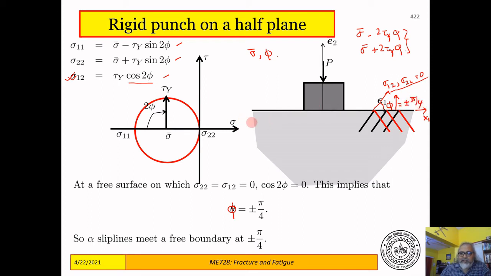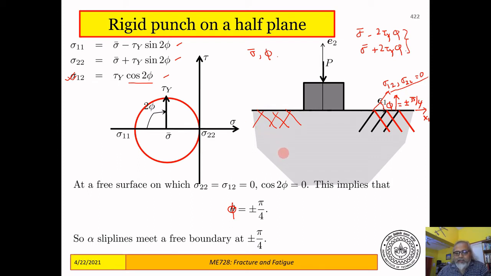So the alpha slip lines at a free surface can either be like this, which makes an angle of plus 45 degrees, or be like this, which makes an angle of minus 45 degrees. Since the alpha and beta slip lines are mutually perpendicular, when the alpha slip lines make an angle of plus 45 degrees, beta slip lines will make an angle of minus 45 degrees, and vice versa.